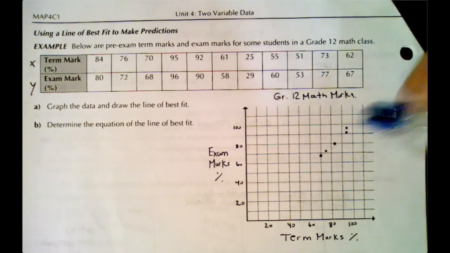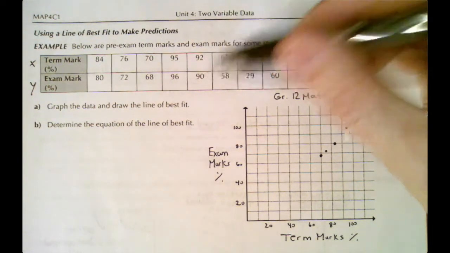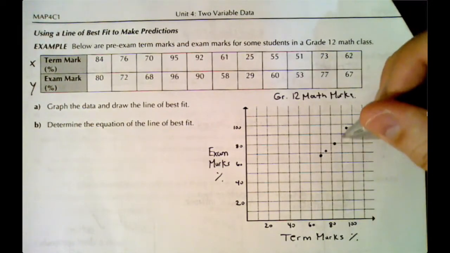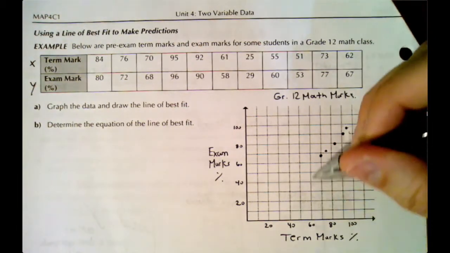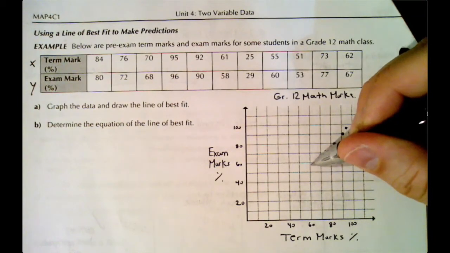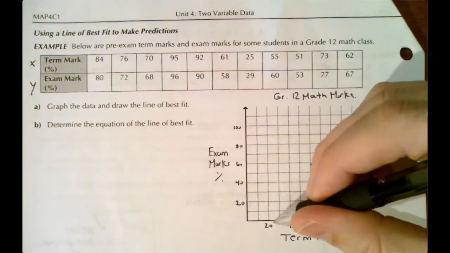That was a bad one. 92 and 90. 61 and 58. 25 and 29.